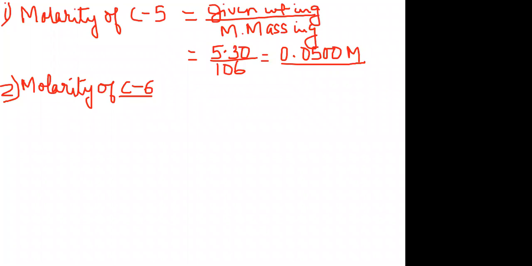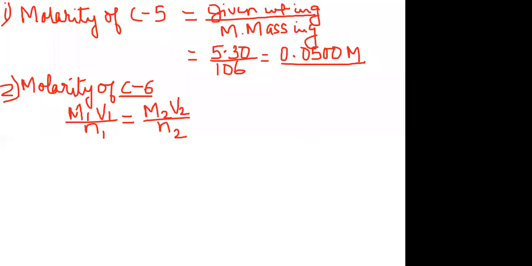Now, what is the molarity equation? The molarity equation is written as M1 V1 by N1 is equal to M2 V2 by N2. This equation is applicable at the end point.